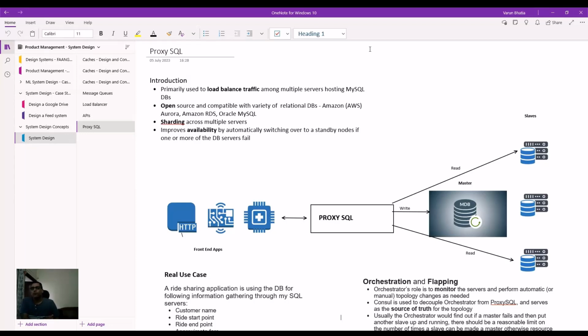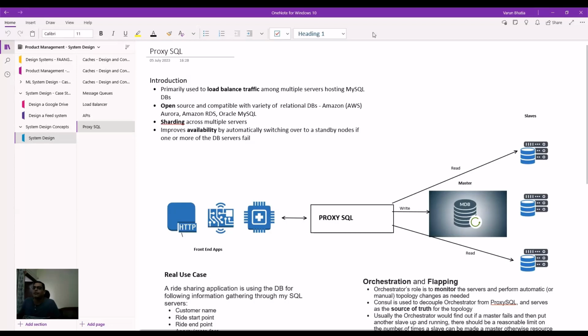So you don't want to wait till the end, when you have scaled enough, and then invest in setting up Proxy SQL. Also, it helps to improve availability by switching over to the standby nodes. The standby nodes are nothing but your master-slave replicas that you are going to run in case one or more of your master servers fails, right?